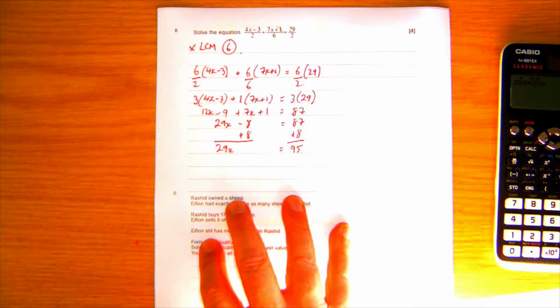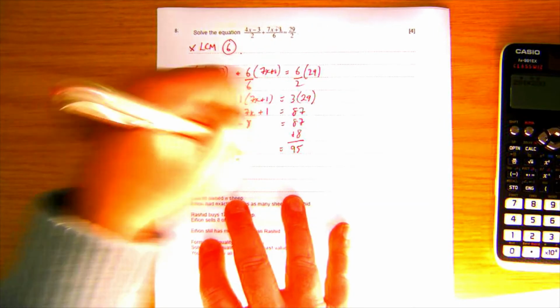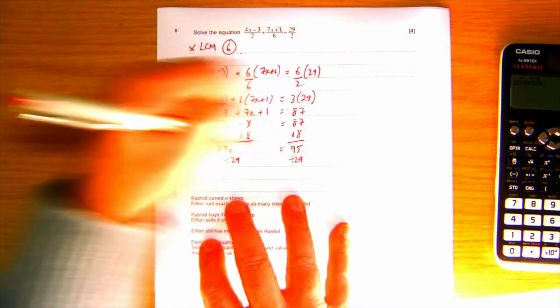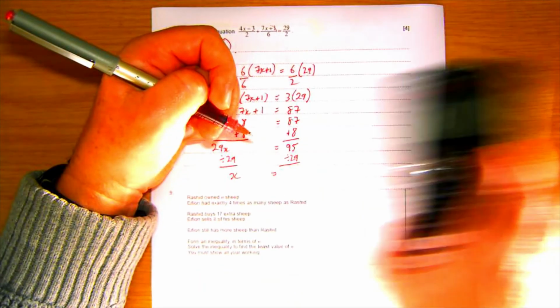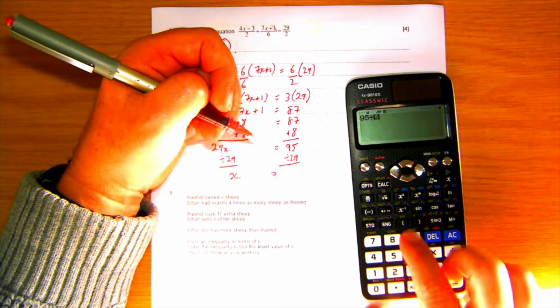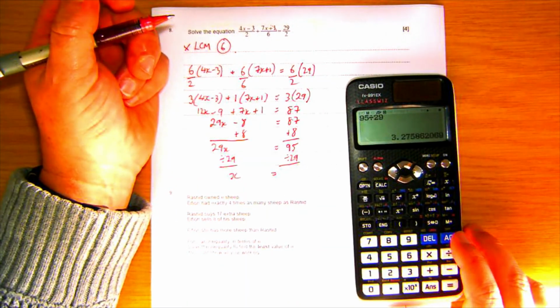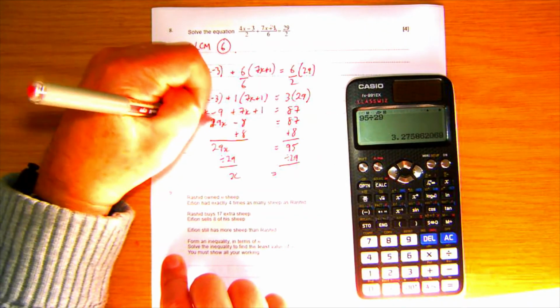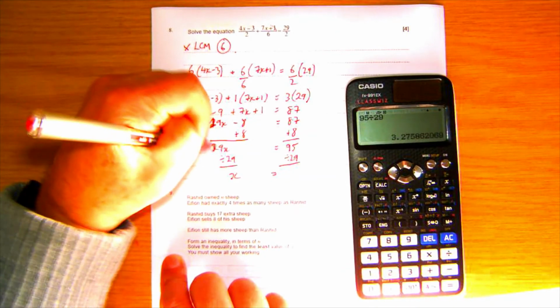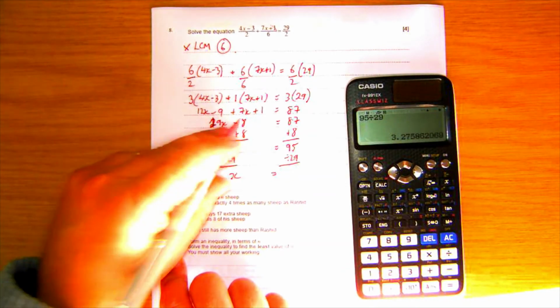Grade E equation, all I need to do is divide by 29. That leaves me 1x equals 95 divided by 29. It's not 29, it's 19. 12 plus 7 is 19.